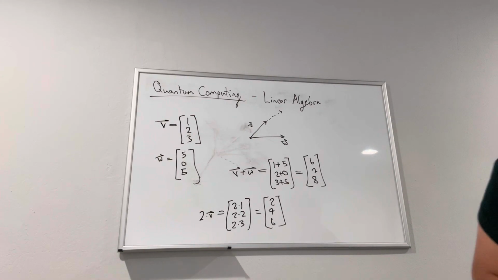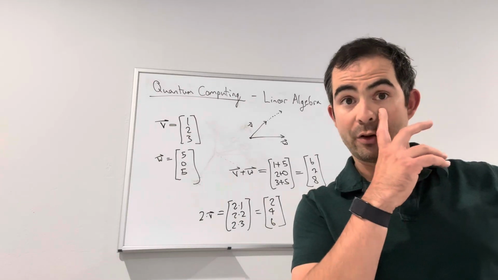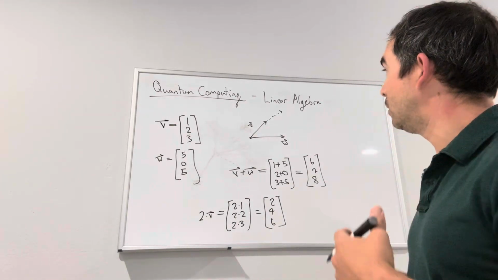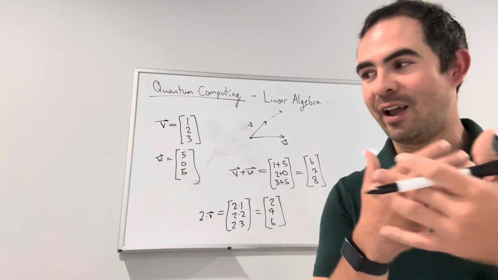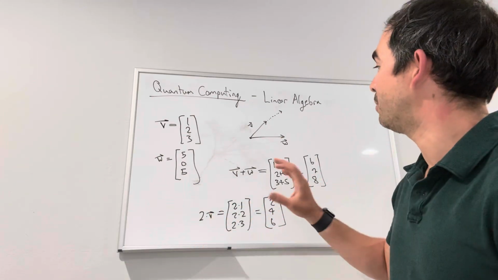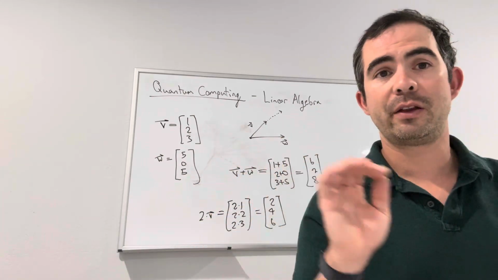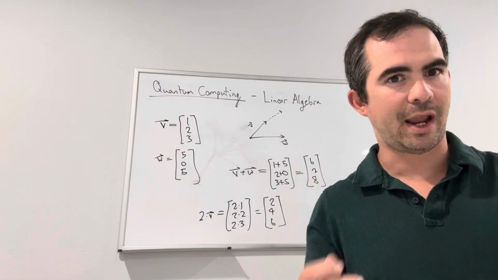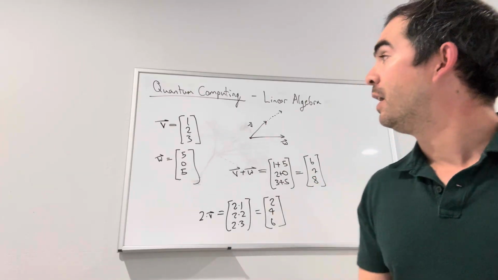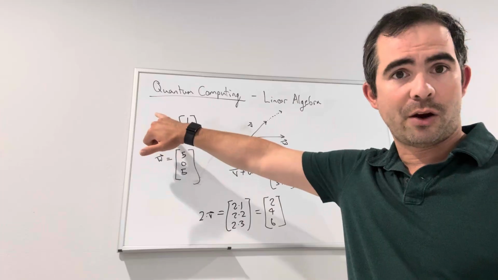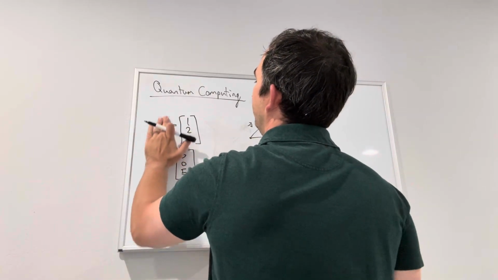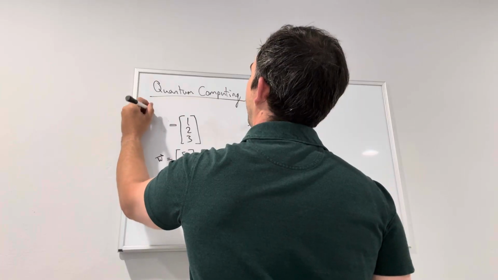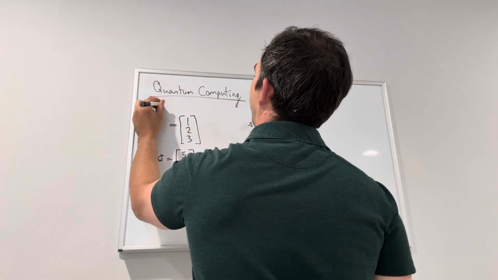And that's just the quick introduction to linear algebra that we will need, and we're going to do a lot more linear algebra. We have to have a solid foundation in the mathematics of vectors. The only other thing to mention about quantum mechanics, quantum computing specifically, is that instead of using this v with an arrow across the top, we're going to use a notation called a ket. So K-E-T, a ket.